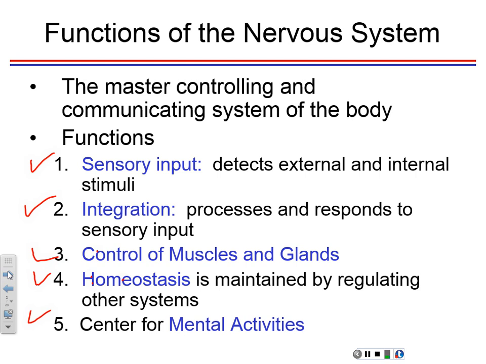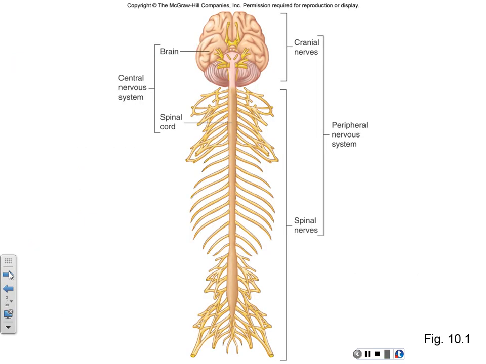And then, of course, mental activities. It's the seat of intelligence. All right? So, of course, you got to be able to tell me the functions of any system that we talk about. Okay? It's a given, right?